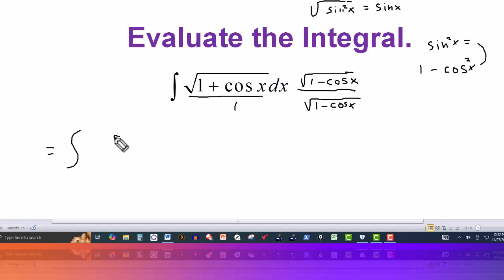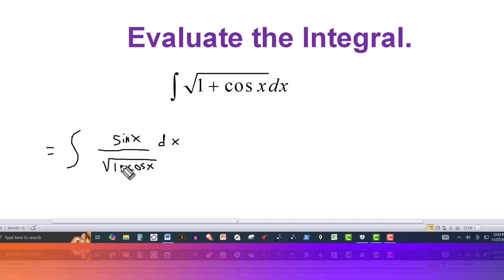So in the numerator I'll put sine of x, in the denominator I still have the square root of 1 minus cosine of x, and this is dx. So that becomes the integral that I want to evaluate.